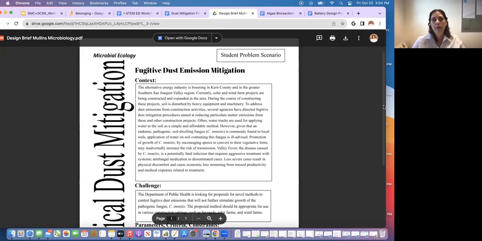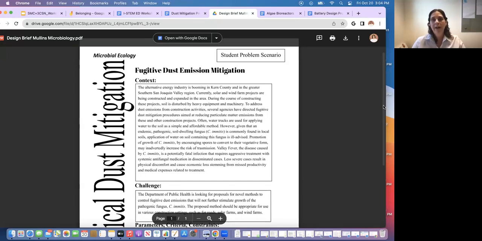The issue we're identifying is the current method for dust control or dust mitigation when there are construction projects like solar panels or the high-speed rail project currently being developed in California. The answer is to use water trucks that spray water down over the dirt to keep dust from popping up.